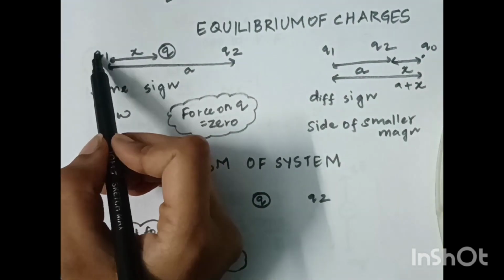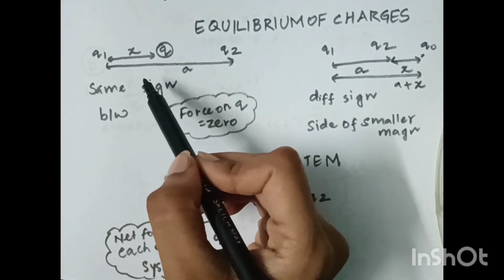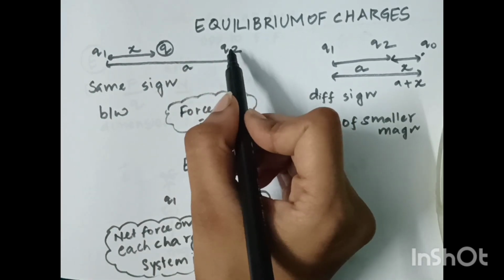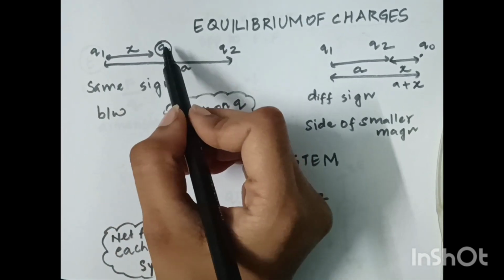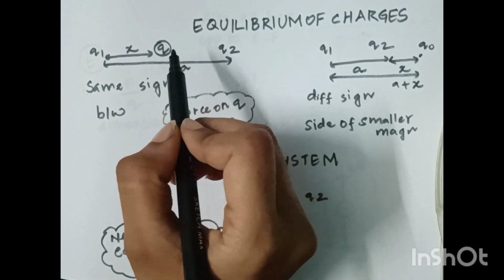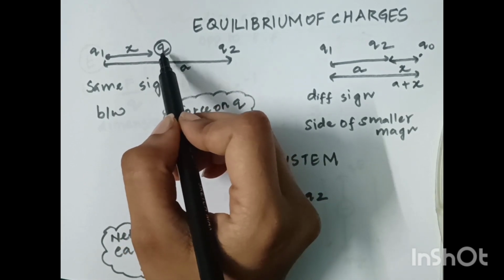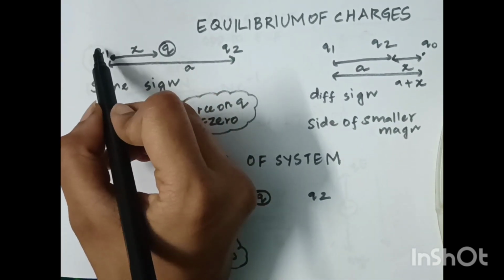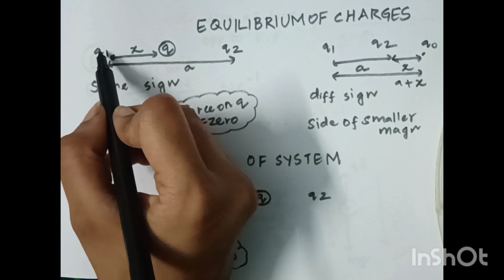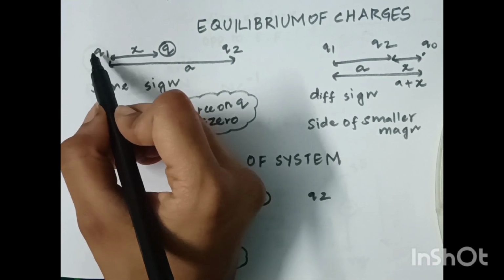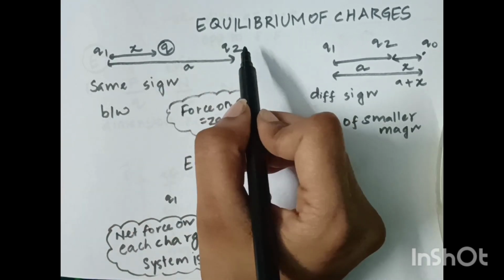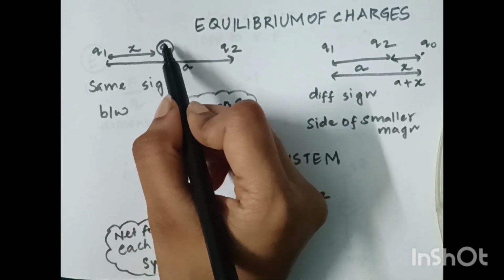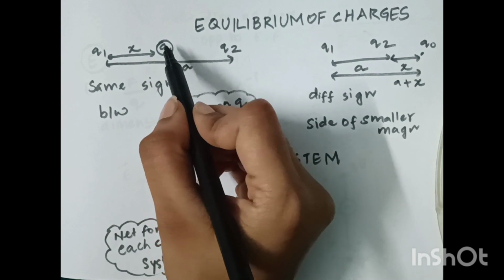Now suppose q1 and q2 both have the same sign. If this is a positive charge and this is also a positive charge, then we have to keep the charge q in between the two charges; only then can it attain equilibrium. Why? Let us see. Assume q1 and q2 both are positive. This is a test charge, which we may take as a unit positive charge.